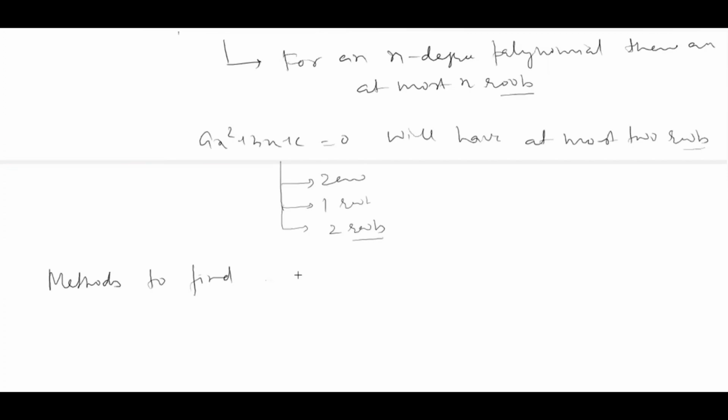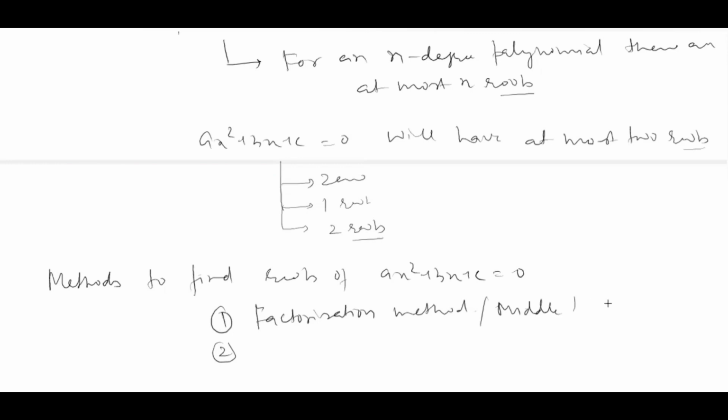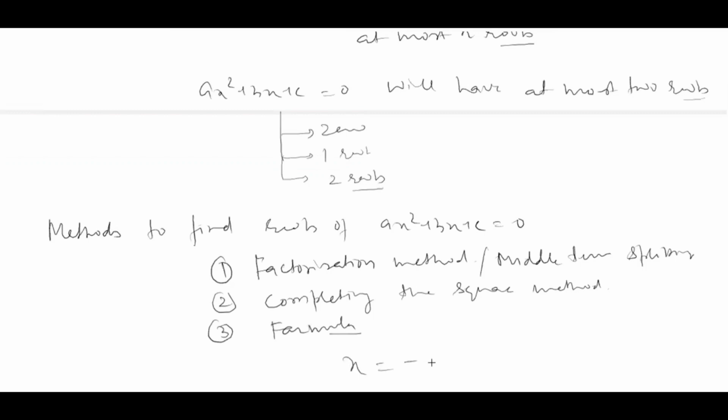The methods to find the roots of ax² + bx + c are the factorization method, or middle term splitting, then the completing the square method, and finally the quadratic formula, which is given by x = (−b ± √(b² − 4ac)) / 2a.